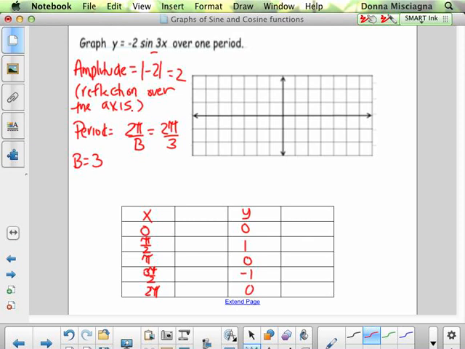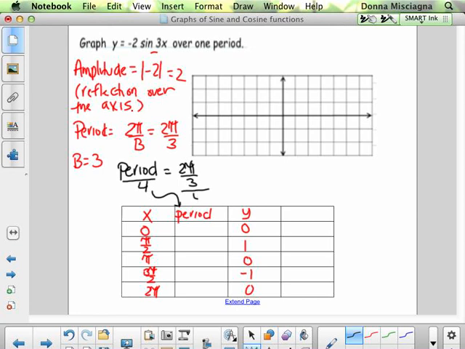All right, so now the period change will affect x, so it goes in this box here. And to find our values, we're going to take the period and divide by 4. And those are the values that go in that box there. So the period is 2 pi thirds.